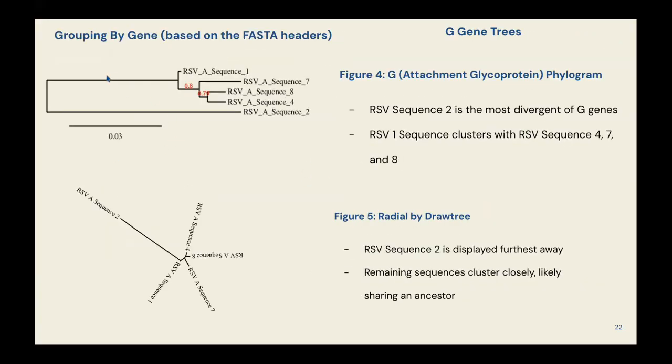For figure 4 and figure 5, or just the G gene trees, we can see that RSV sequence 2 is the most divergent of G genes in figure 4, and RSV1 sequence clusters with RSV sequence 4, 7, and 8. In figure 5, which was the unrooted version, we can just see that RSV sequence 2 is displayed the furthest away, and the remaining sequences cluster very closely, likely sharing an ancestor between them.